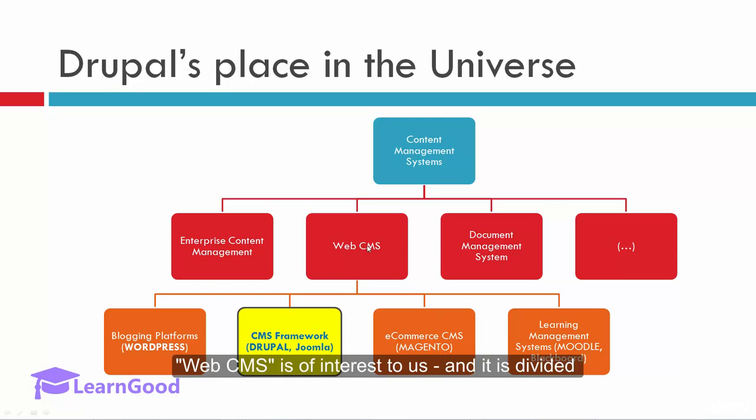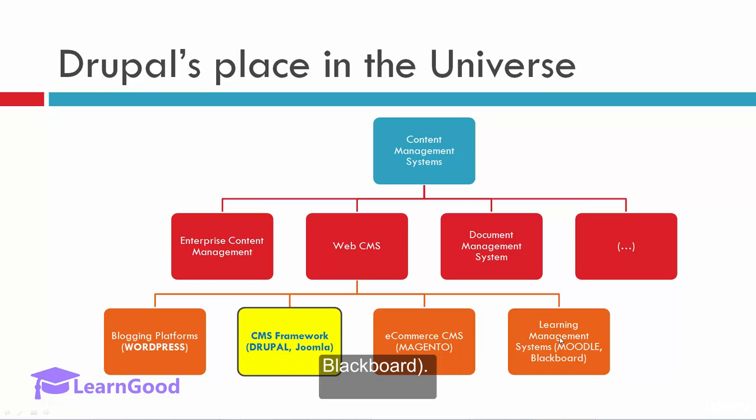This web CMS is of interest to us, and it is further divided as blogging platforms, which includes the widely popular WordPress, then CMS frameworks, which includes Drupal, Joomla, SharePoint, and then e-commerce CMS, which includes the popular Magento, and also learning management systems, which includes Moodle and Blackboard.